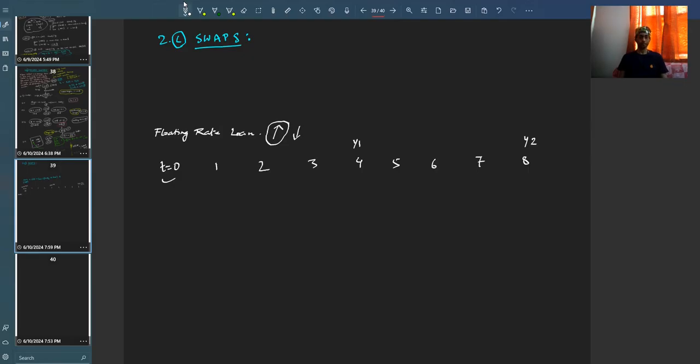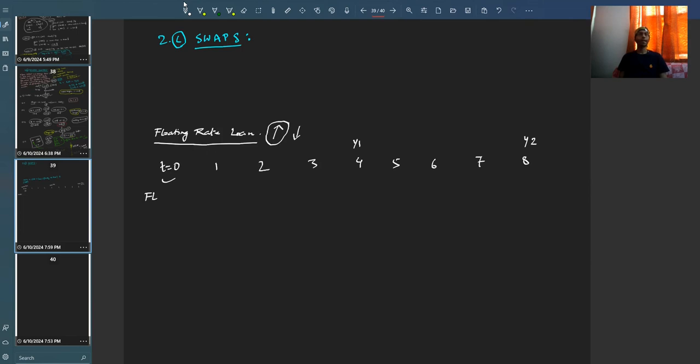Now how do you pass it on? You can pass it on by exchanging the floating rate payments for fixed rate payments through a swap. Now how do you do that? Let's take an example. Let's say you have this floating rate loan. Let's call it FL, and because it's a floating rate loan, you have variable payments.